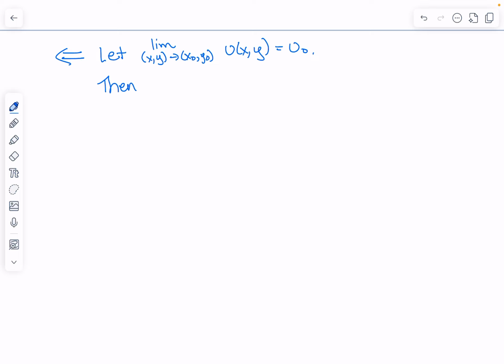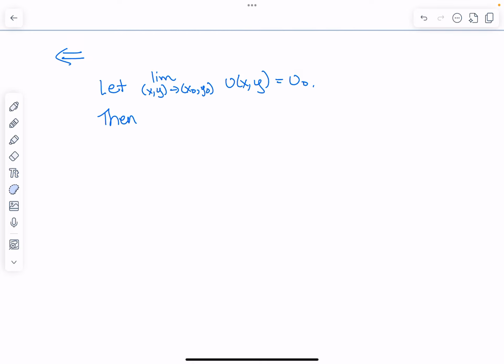that given an epsilon greater than 0, so I guess I'm going to quickly add that in. So we're going to let epsilon be greater than 0.